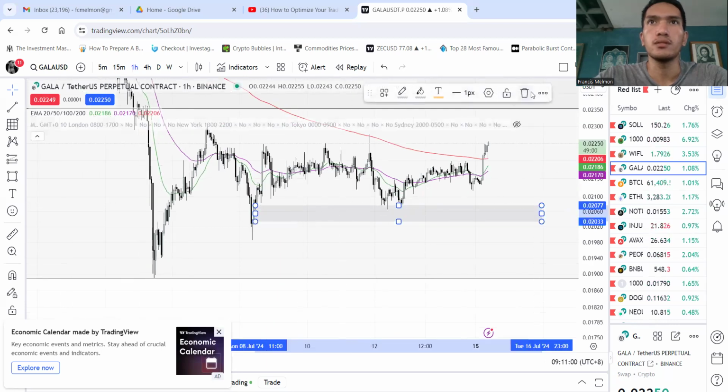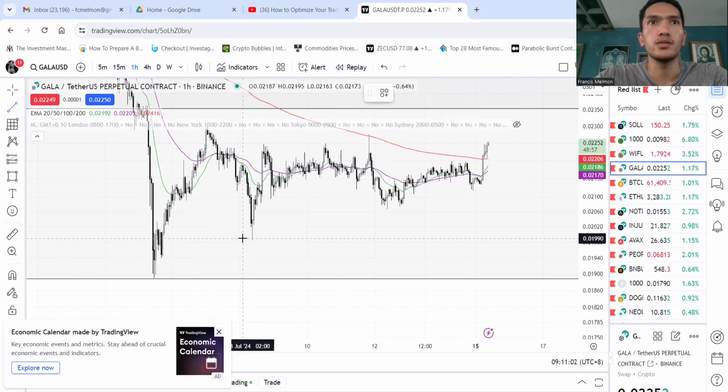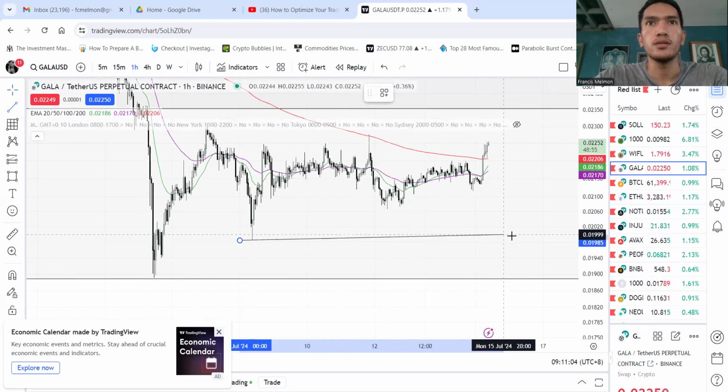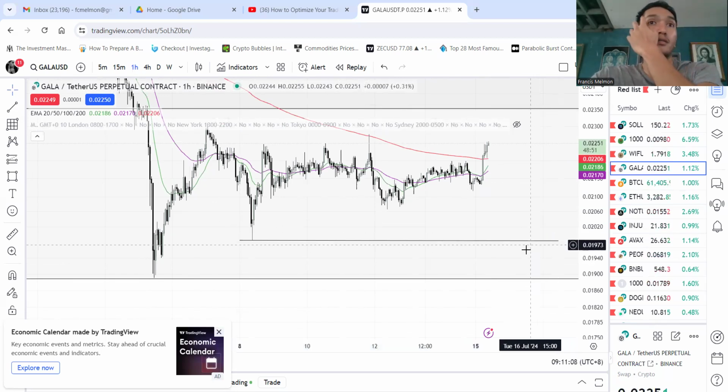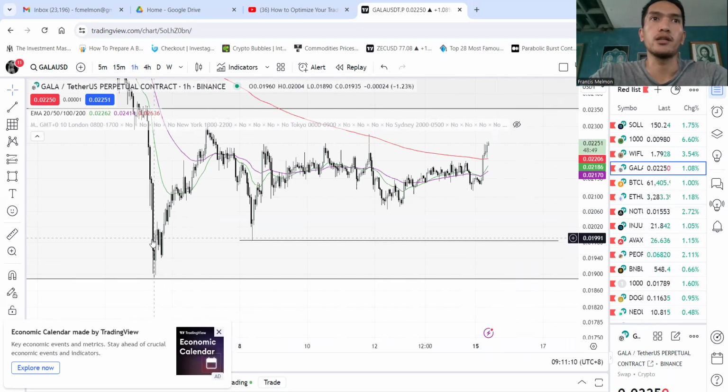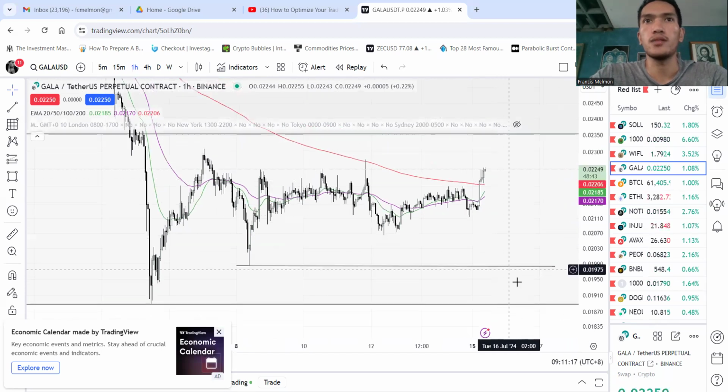Or in the worst case scenario, we may consider this take of liquidity in this area, and as long as the support is respected, we could still have an opportunity for a long in this particular area.